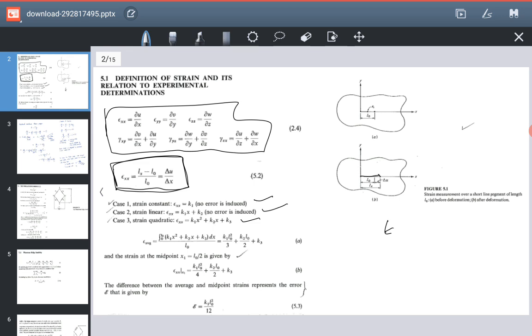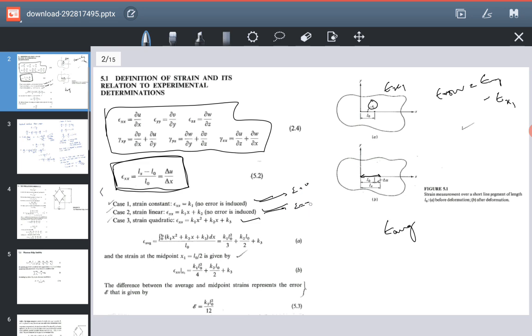Along the length of this line, the strain produced will be the average, but at this point the strain will be ex1. So the error is e average minus ex1. So for case 1 and case 2, the error is 0.